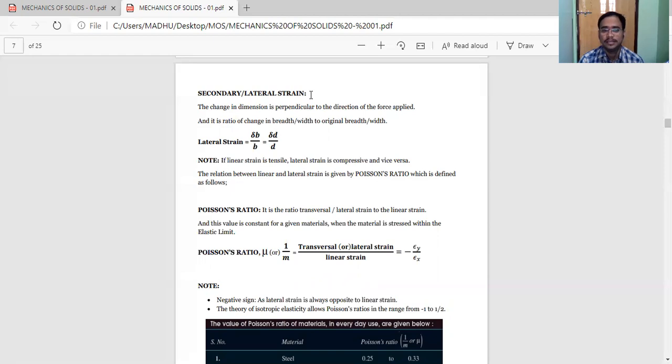The change in dimensions, all the dimensions will change. The dimensions along the axis, and dimensions perpendicular to the axis, will also change. The change in dimensions perpendicular to the direction of application of the force on the body is called secondary strain or lateral strain.